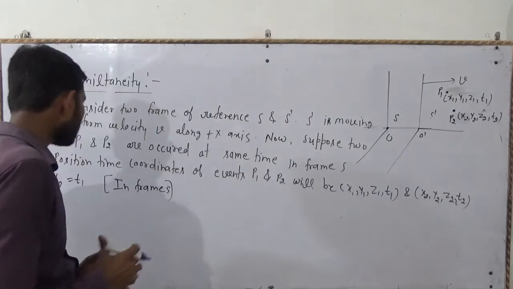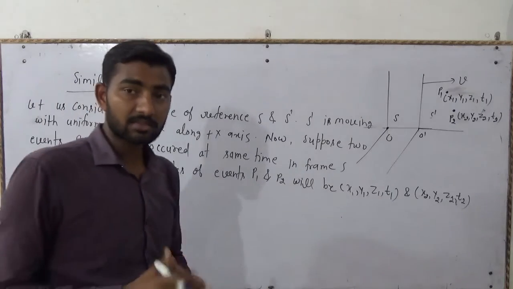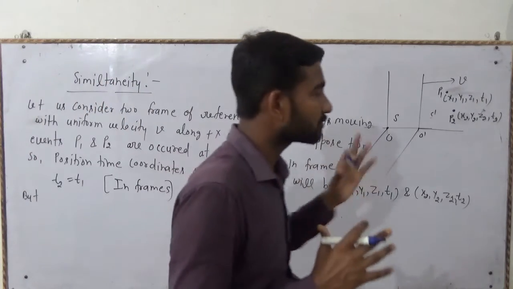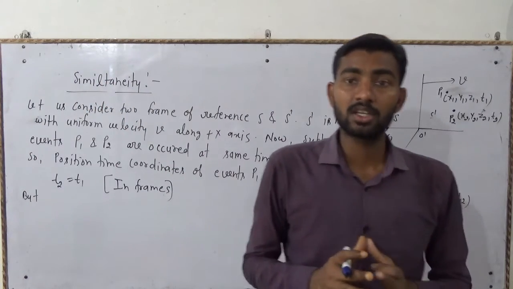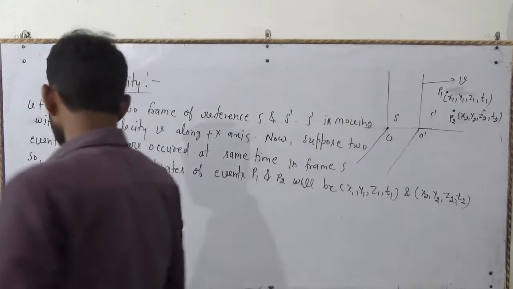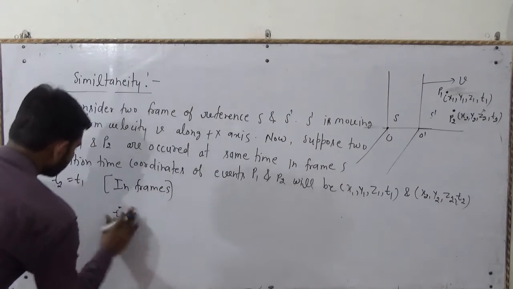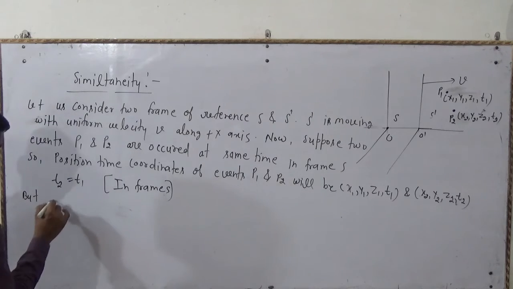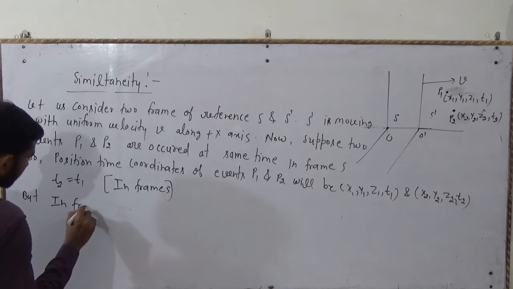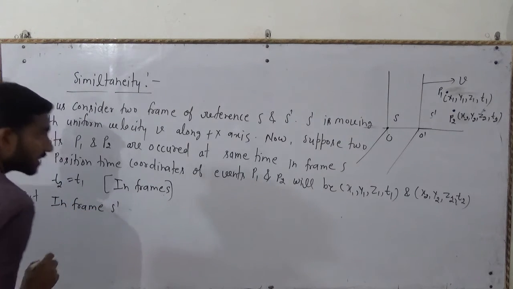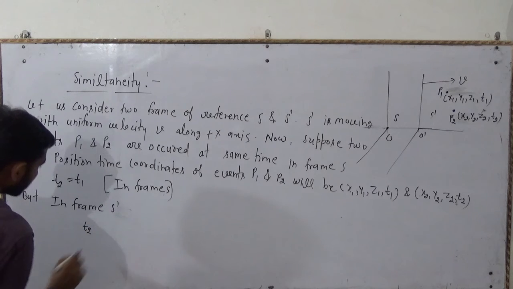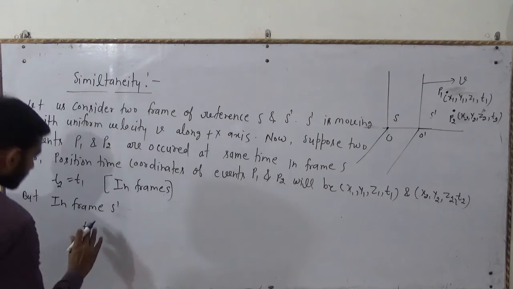then what will we see here? We will see in frame of reference S dash, because this frame S dash is moving with uniform velocity v, the time coordinates will be different in frame S dash.